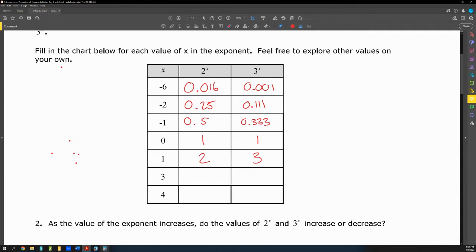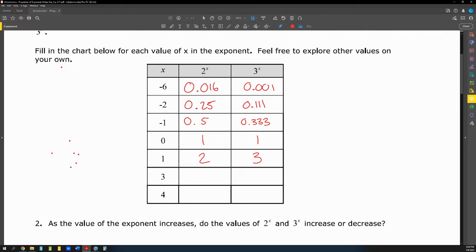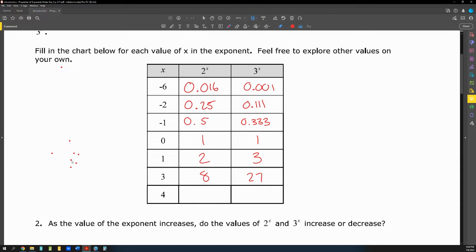And evaluating x equals 3, we have 2 to the 3 is equal to 8. 3 to the 3 equals 27. And finally, evaluating x equals 4. 2 to the 4th power is 16. 3 to the 4th power is 81.